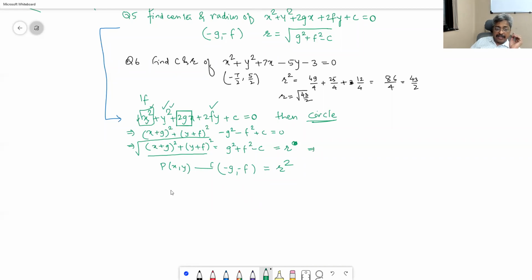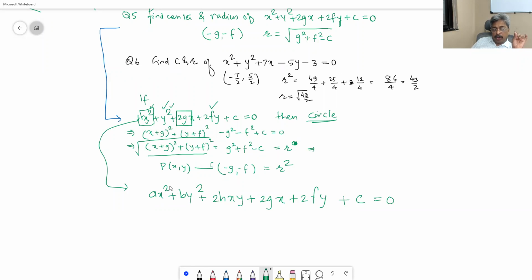Therefore, any equation looking like this, and to specify that we need any general degree 2 equation, let me write down: ax square plus by square plus 2hxy plus 2gx plus 2fy plus c is equal to 0. This is any general degree 2 equation in x and y.